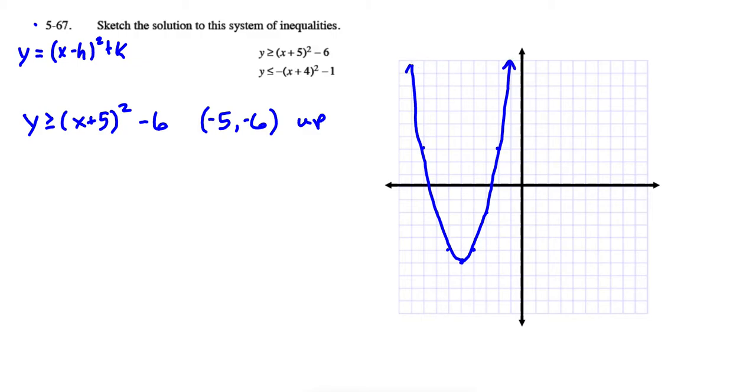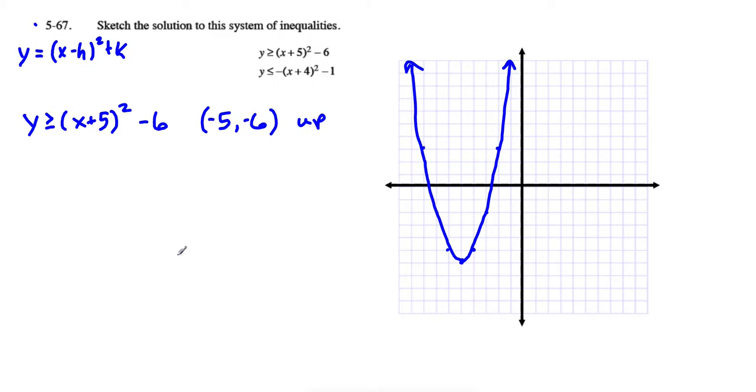Sorry, I was holding my breath. Doesn't look too bad there. Now, shading wise, we'll probably be shading above this one, so it'll be inside. But before we do that, let's go ahead and graph this other function first.